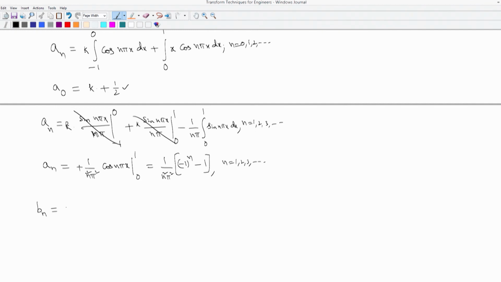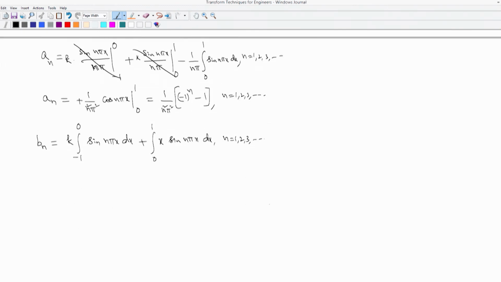Similarly, you can calculate your b_n, which is k times the integral from -1 to 0, instead of cosines we take the sines, and then plus the integral from 0 to 1 of x times sin n pi x dx. n is from 1 to 3 onwards. So this is equal to k times minus cos n pi x by n pi, which is the antiderivative, for which you apply the limits -1 to 0, and you have minus minus plus.